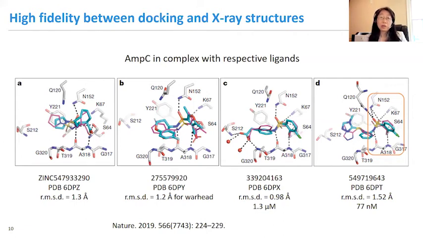So not only can we predict the affinity, but also the actual correct poses of the ligand protein interaction.